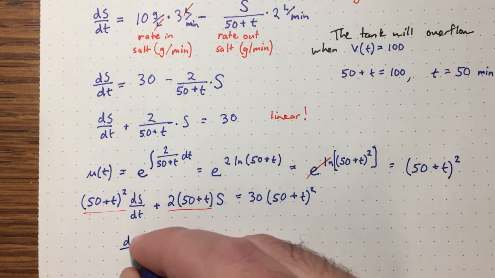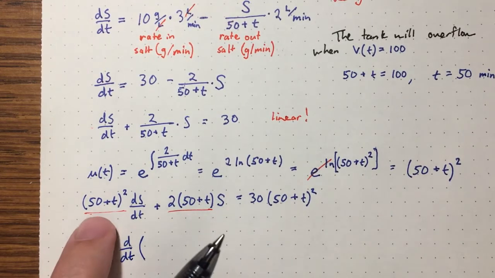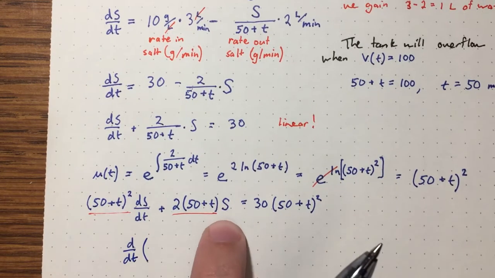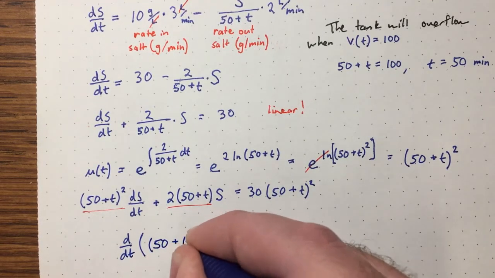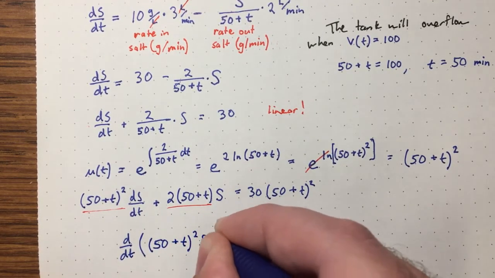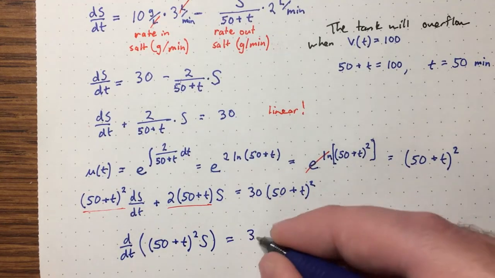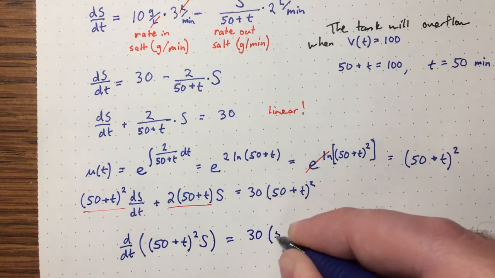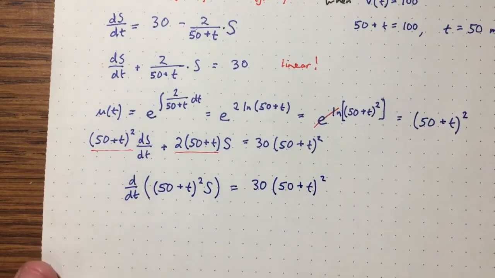So let's actually write this as the derivative of, so it should be this one here, 50 plus t squared, times this one here, s. So it's the idea from last lecture we talked about. On this side, we'll just write this again. Okay.